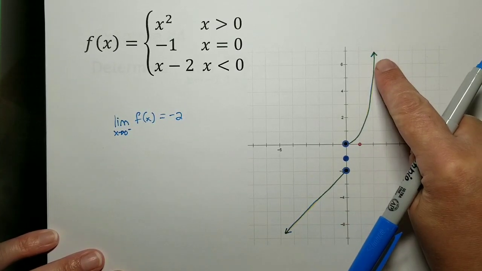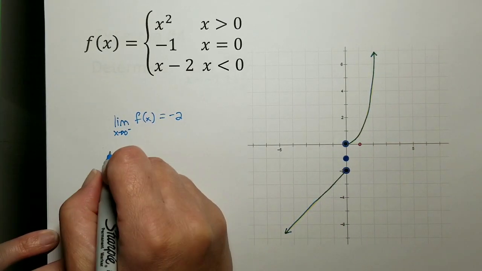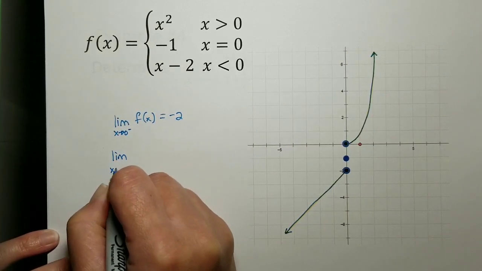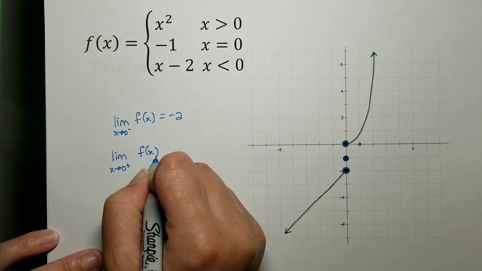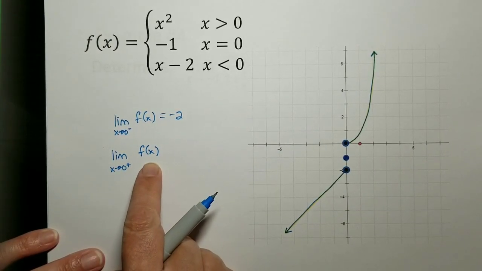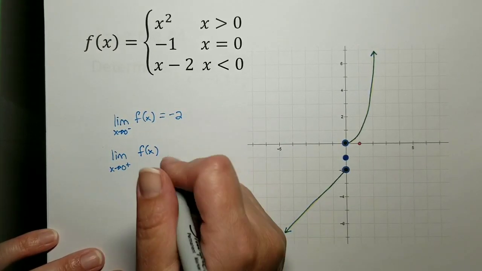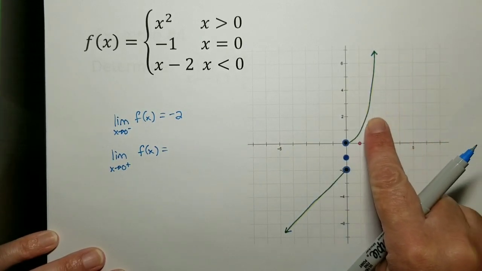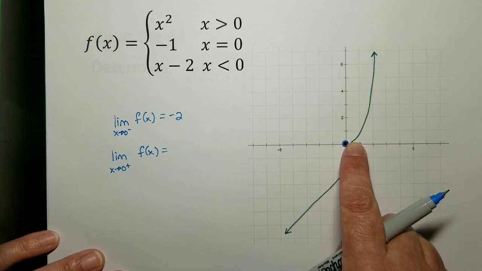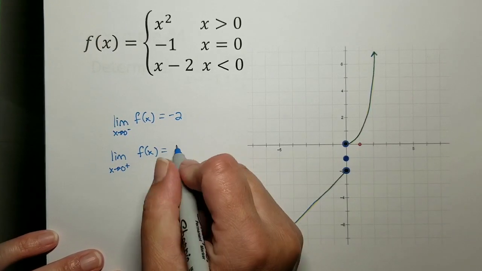And if we were approaching from the right-hand side, the limit as x approaches 0 from the right of my function, you have to see what you're taking the limit of. Sometimes people leave that part out. If we were on the right-hand side and moving along the function towards x equals 0, we're getting closer to a y value of 0.